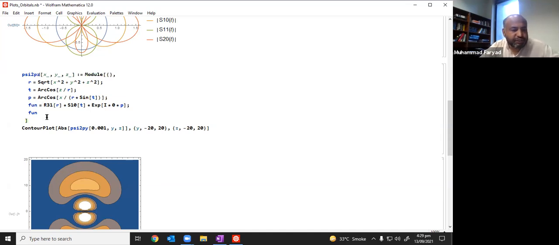So psi 2z is actually r21, and it has m0, so exponential iota phi is also 0, and it's returning this thing.